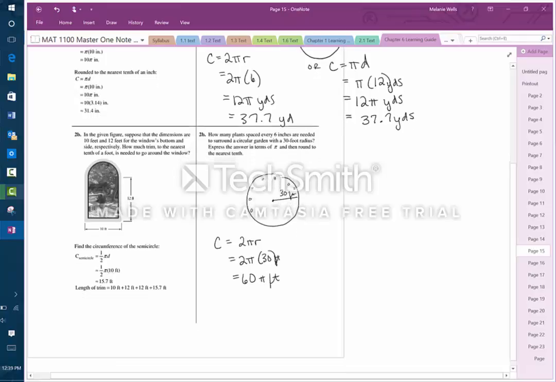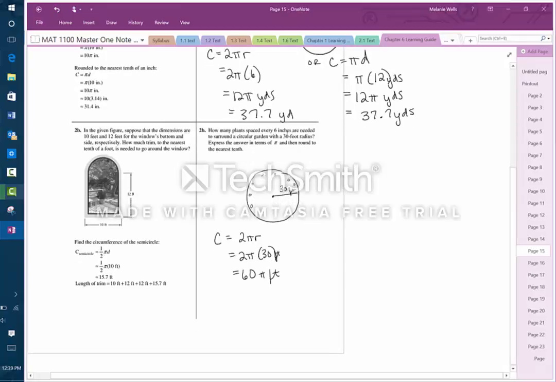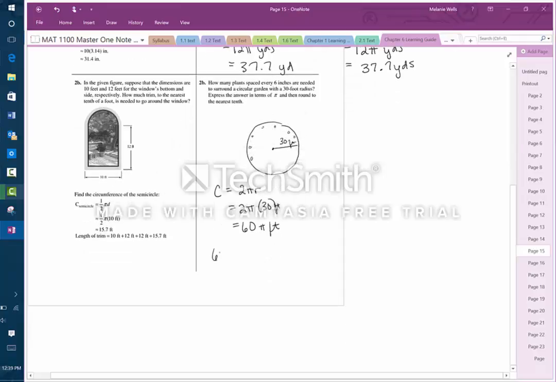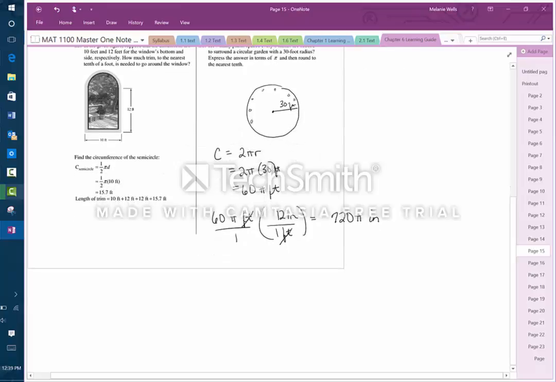Okay, so if we're going to put them every 6 inches, then let's figure out what this 60 pi would be in inches. So if I change 60 pi feet to inches, we have 1 foot is equal to 12 inches. Feet will cancel out. 60 times 12 is 720 pi inches. Okay, so now that we know the circumference in inches, when we're spreading the plants out every 6 inches, we want to divide this by 6.